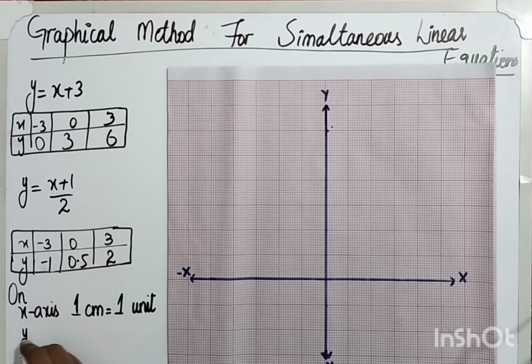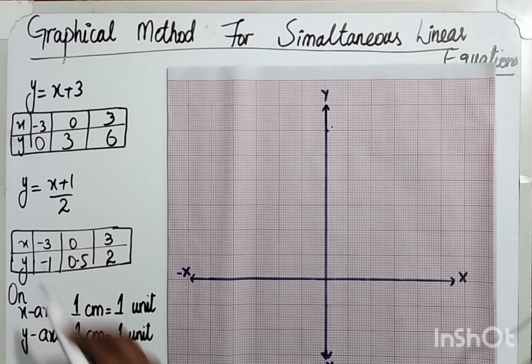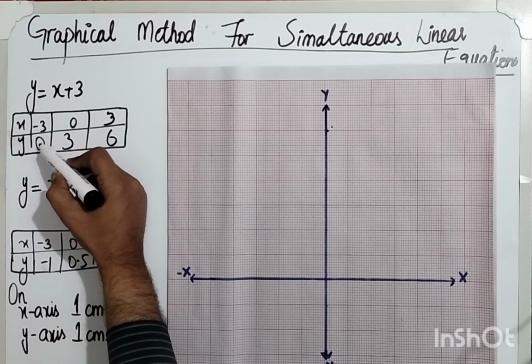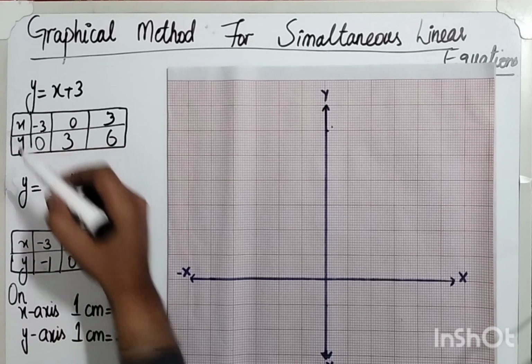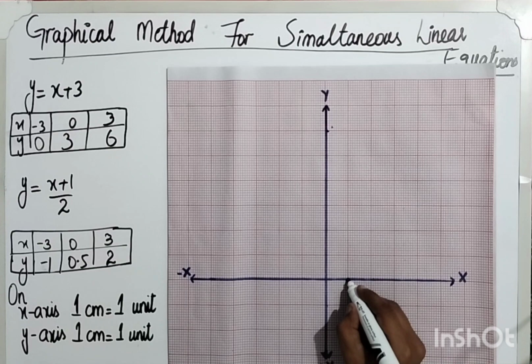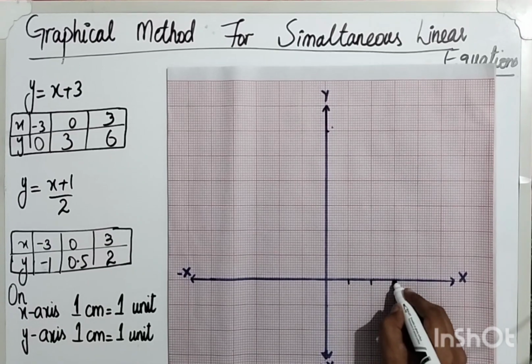And on the y-axis, I'm going to take the same scale, 1 centimeter as 1 unit. Now we are supposed to plot the points. The first point is negative 3 and 0. So for that reason, I'm just going to write the values first of all over here.